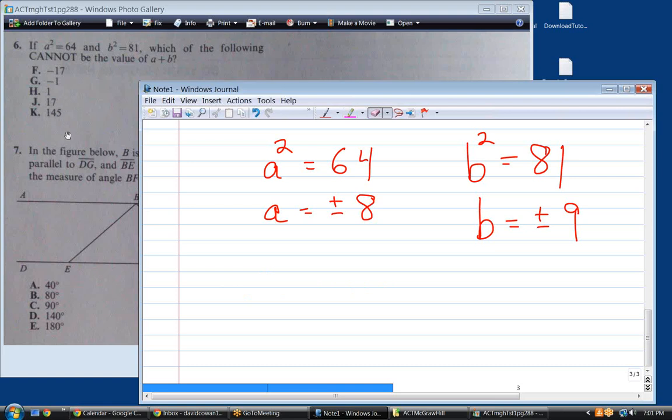You won't believe how many questions on the ACT have answers like this, where they put some impossible huge answer that you don't even need to check all of the possible combinations. But you could get minus 17, minus 1, plus 1, and plus 17.